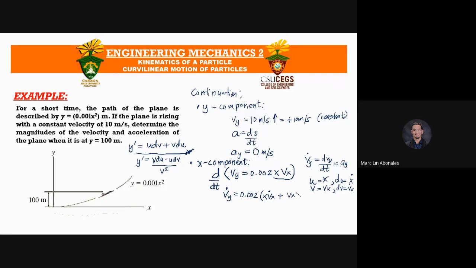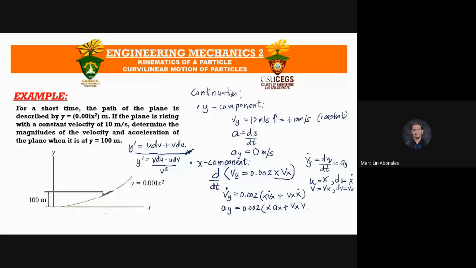So that is the derivative of your right side using the product rule. For that, substitute the equivalent in dot notation. The Vy dot is actually Ay. So it equals 0.002 x Vx dot, that is Ax, plus Vx, and the x dot, the equivalent for that is also Vx.